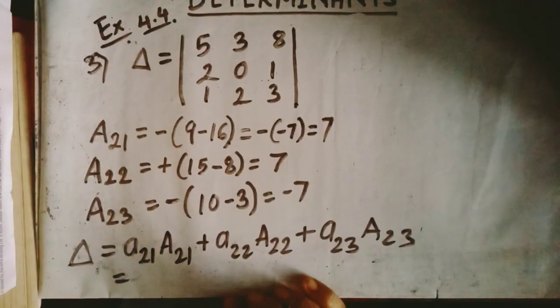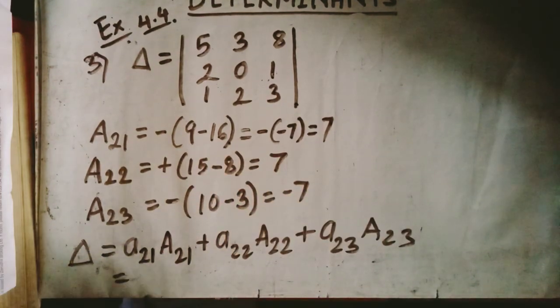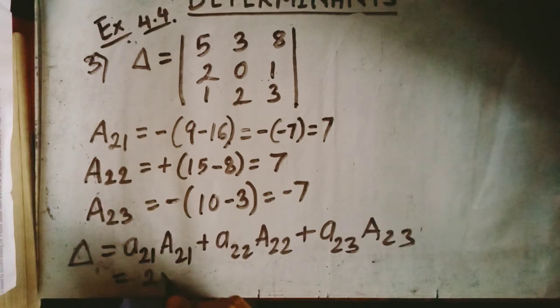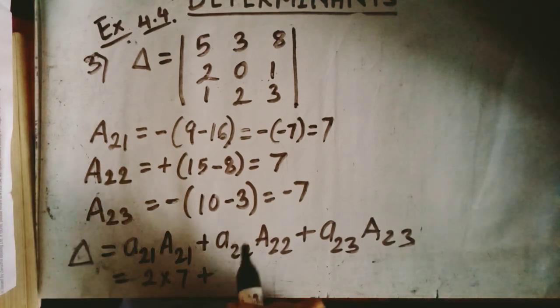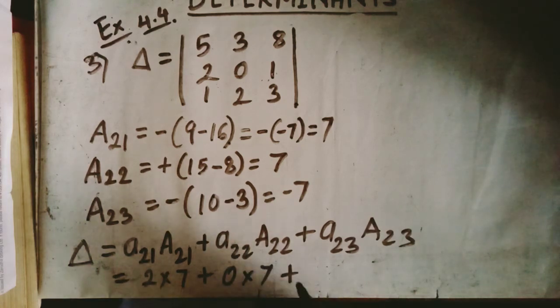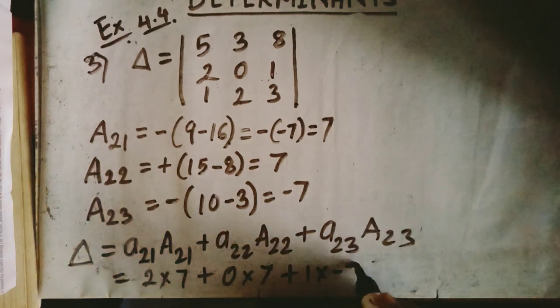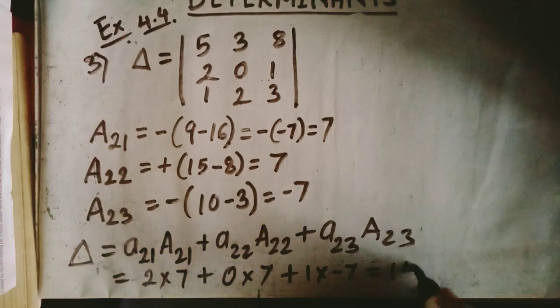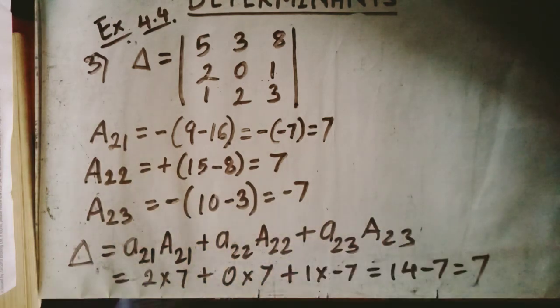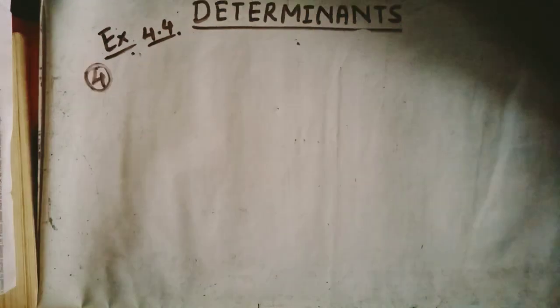Okay, putting values, you will get 2 into 7 plus 0 into 7 plus 1 into minus 7. So 14 minus 7, so it is 7. Okay. Let's do the fourth question.